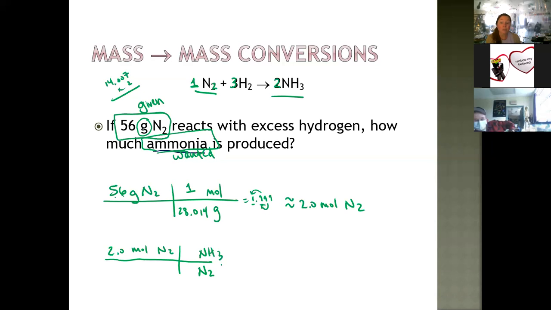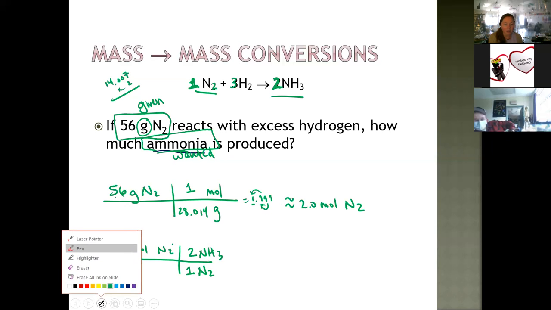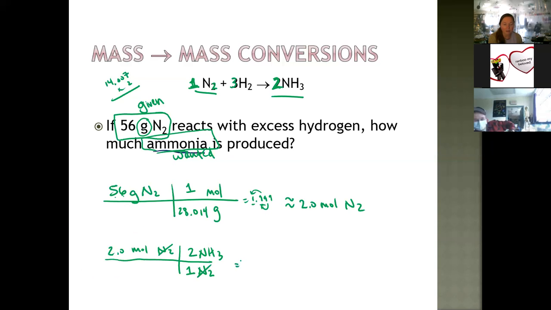I'm going to use my mole ratios, 1 N2 and 2 NH3s. So now top and bottom, nitrogen and nitrogen cancel out. 2.0 times 2 divided by 1 is going to give us 4 moles of ammonia, which is kind of the answer to my question.